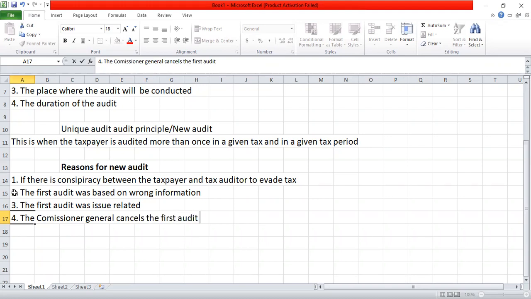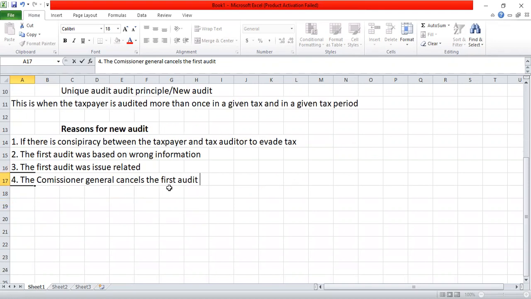If the Commissioner General cancels the first audit, probably they have discovered new information, or the taxpayer has come up with new information, then they can cancel the first audit, and then a new audit is going to be conducted. So those are the reasons for conducting a new audit, what is called the unique auditing principle.